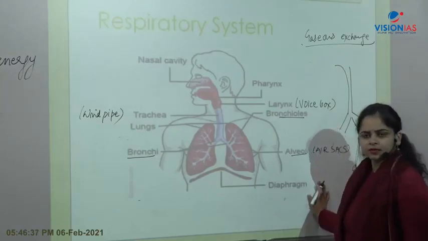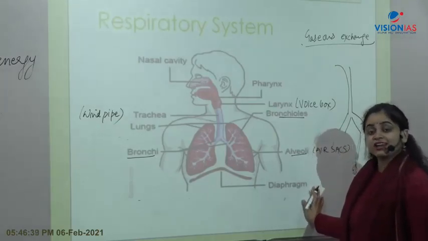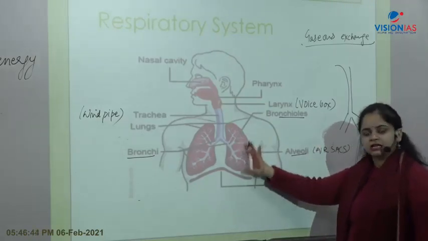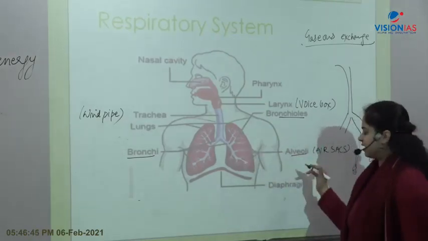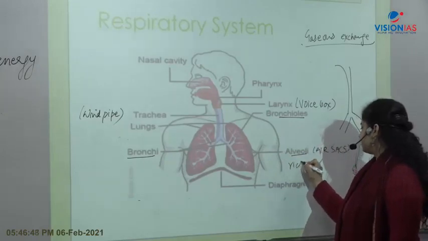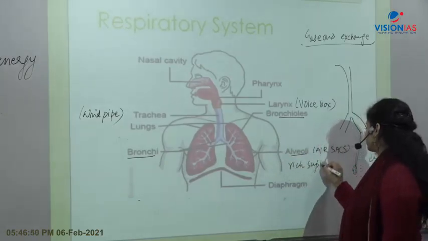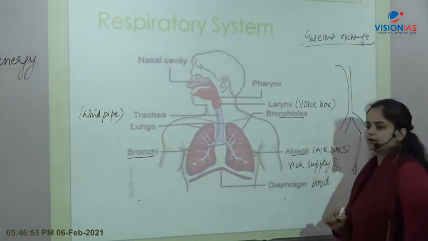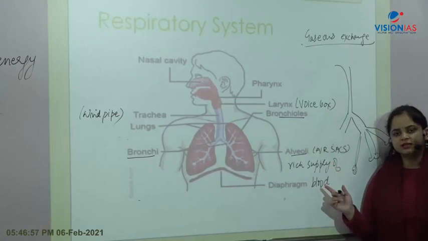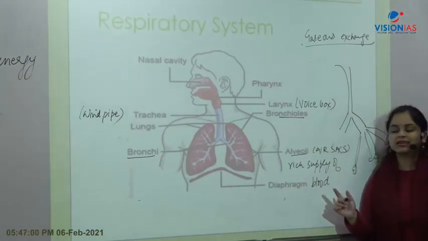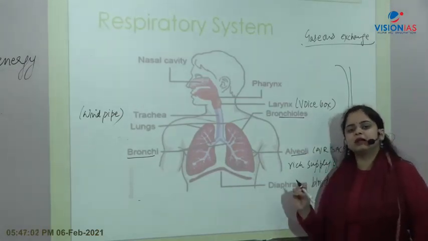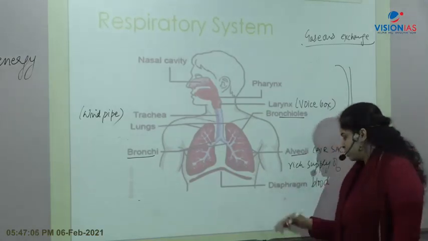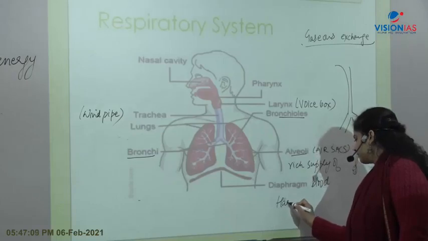Now these alveoli are the last of this chain, and they have a very rich supply of blood. So what happens here with this rich supply of blood is that blood is the interface where exchange of gases is going to take place. So I hope you remember hemoglobin.